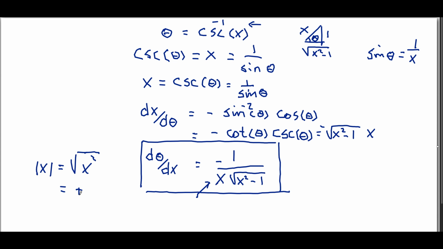Now we're going to take a look at the cotangent, and I think that does it for all 6 of our trigonometric functions. So we start out with theta equals arccotangent.